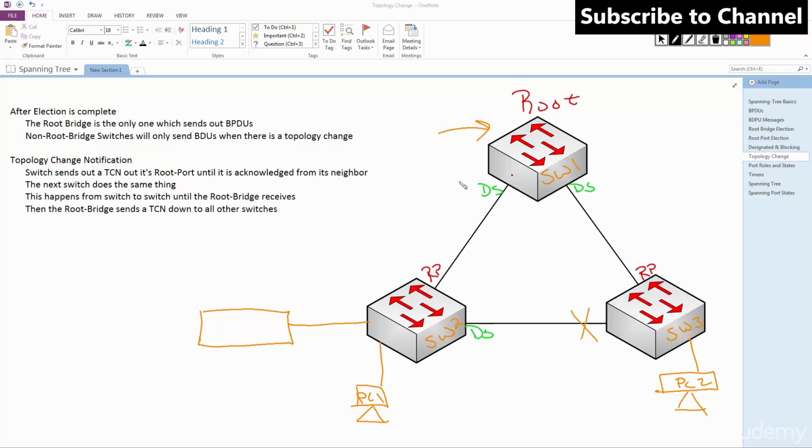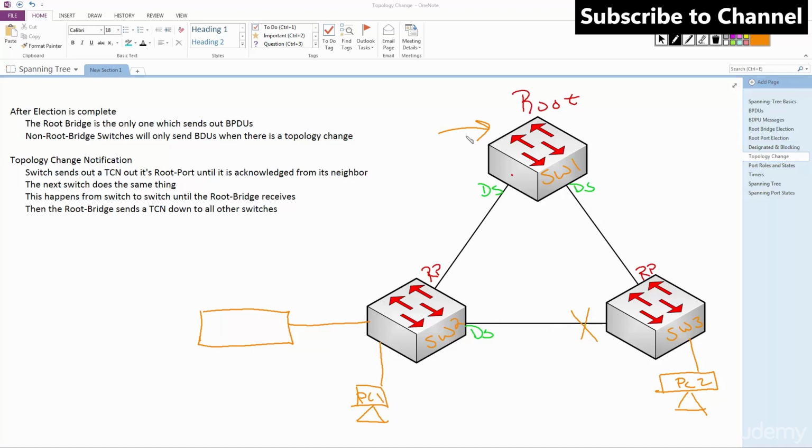Now, because of that, blocking ports are still expected, just like all the other ports are still expected, to get BPDUs on them. For any given point of time, if we are not receiving BPDUs on a particular port, that switch believes it has lost connection to that root bridge through that port.